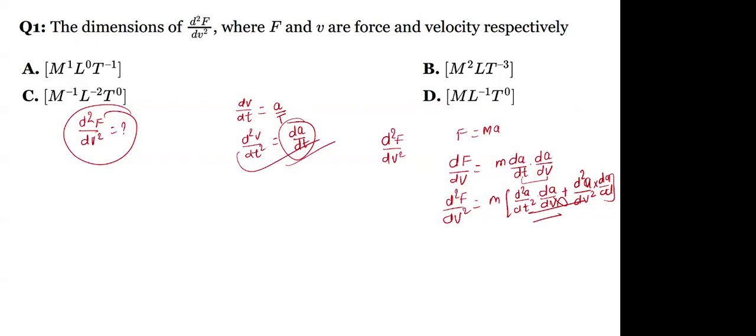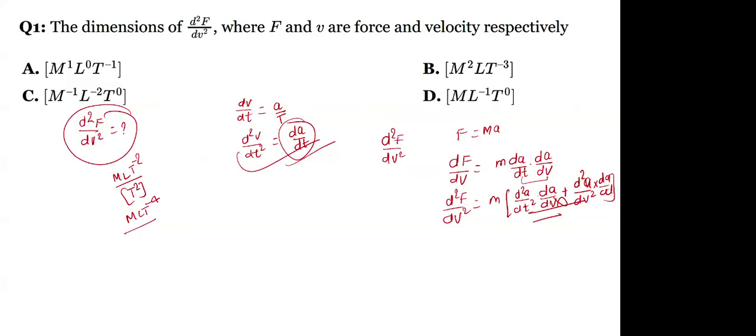Now d2F by dt square will become MLT to the power minus 4. What is the dimension of force? It is MLT to the power minus 2, and t square means we have t square at the bottom, so this becomes MLT to the power minus 4. At the same time, dV square will become what?